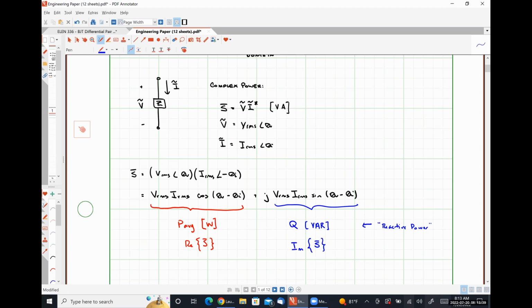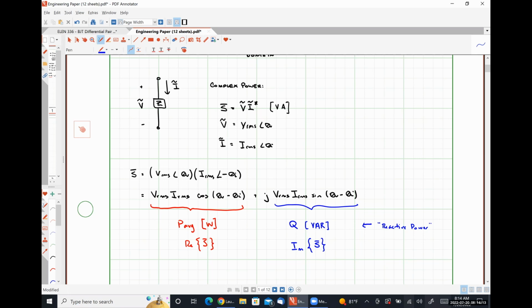If we looked at the instantaneous power absorbed by a capacitor or inductor, and we did this a couple of days ago, the average power, or the real part of that power, was 0. So exactly half of the time, energy or power is delivered to an energy storage element in a steady state sinusoidal system, and exactly half of the time that energy storage element is giving that energy back to the source.